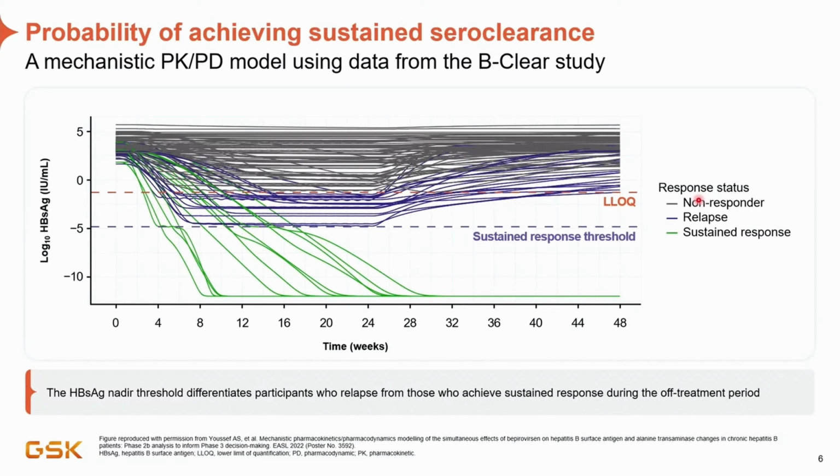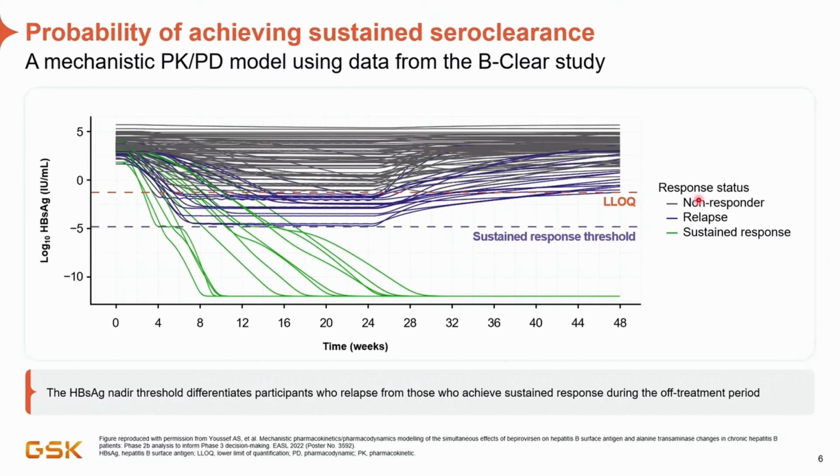You can see the patients in blue whose model traces get down below the limit of quantification, but as we model that change out below where we could actually measure it with the assay, they don't get terribly low below the LLOQ and eventually come back up again and become relapsers.